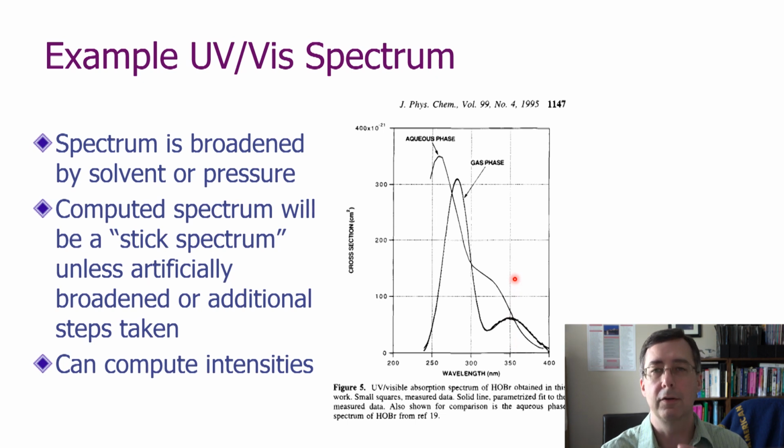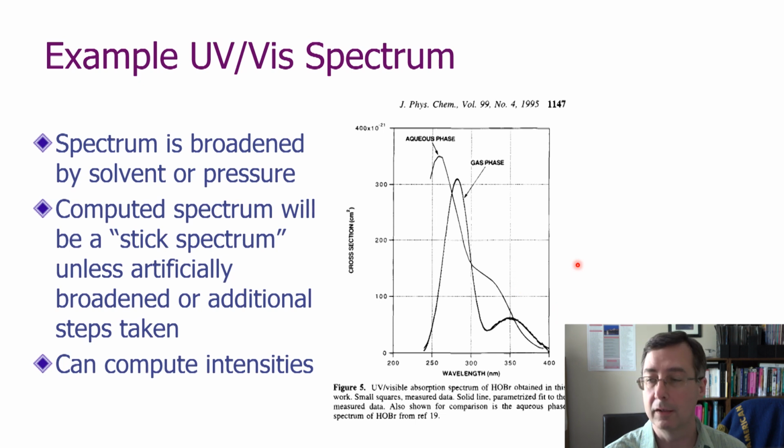Sometimes in our computations we can apply some artificial Gaussian broadening to make it look more like a realistic spectrum. This broadening in principle can be computed with more sophisticated techniques, but if I just use canned software and a standard excited state calculation, I'll just get the so-called stick spectrum.